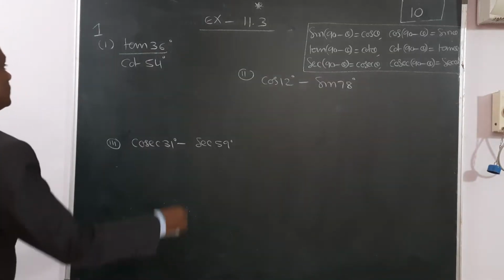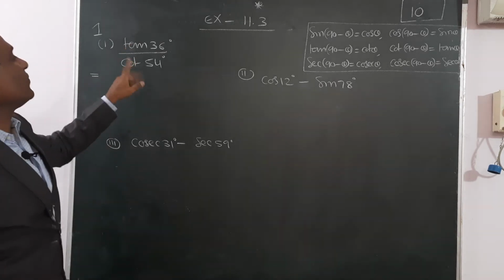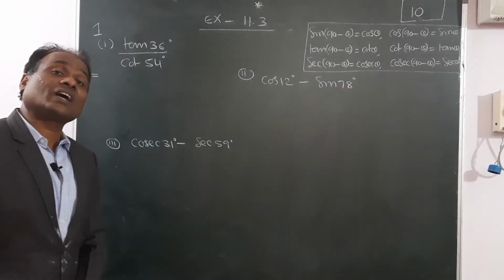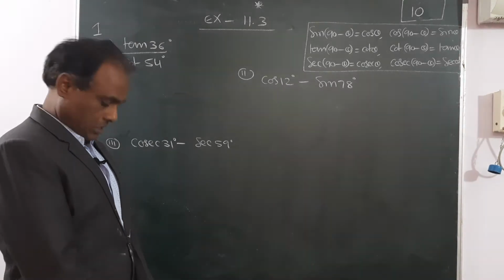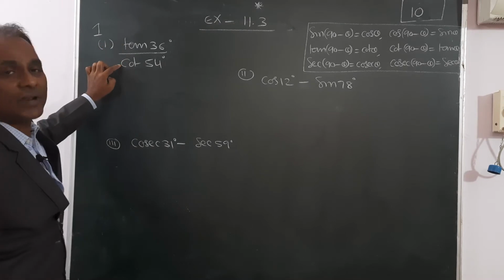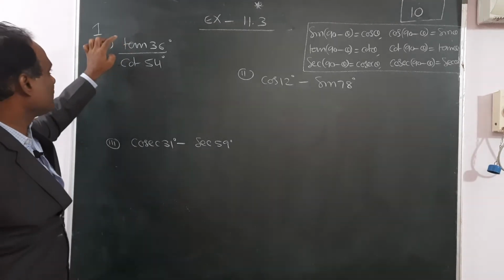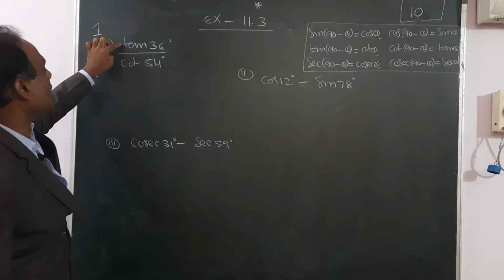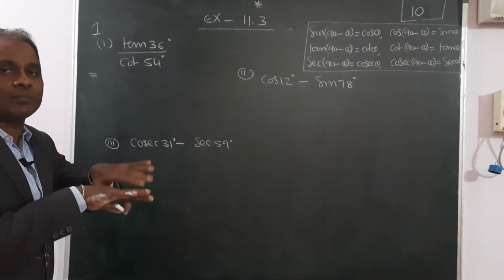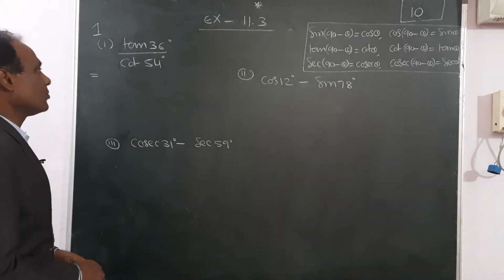The concept is the complementary angles concept. How to simplify this? Use the complementary angles concept. So both should be in the same ratio. If this is tan, this should also be tan. If this is cot, this should also be cot. Make both of them the same ratio. So in all these problems we use the same rule.